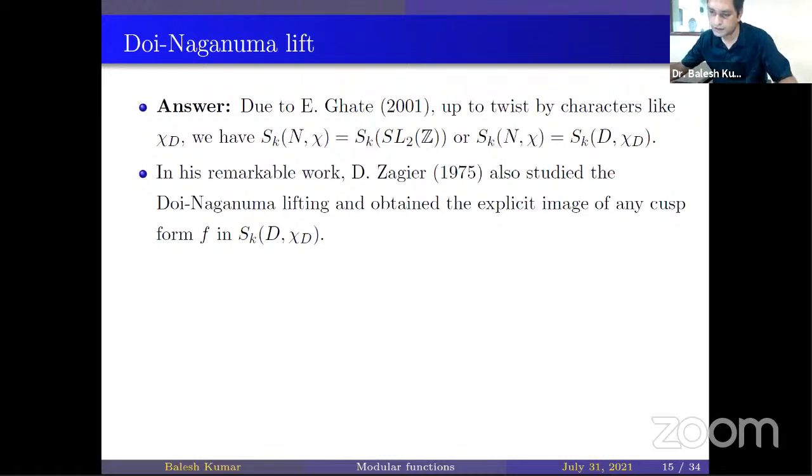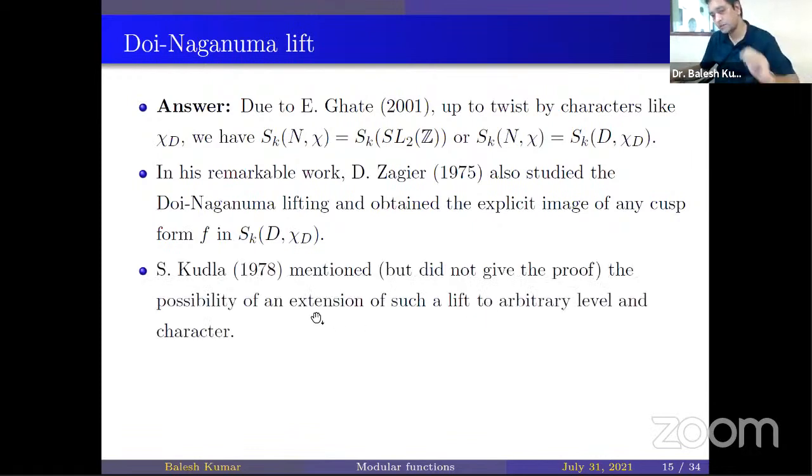And here, Zagier studied this Doi-Naganuma lifting directly for any general cusp form. He studied it by giving the explicit image of any cusp form, computing the Fourier coefficients. So his way of understanding this Doi-Naganuma lifting is directly in terms of Fourier coefficients, which doesn't depend a priori on Hecke eigenforms.